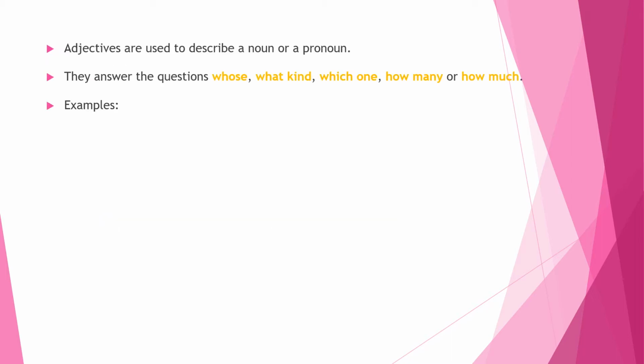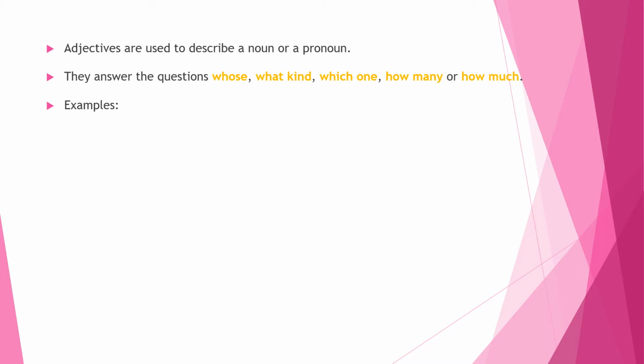Now we start with what are adjectives. Adjectives are the words which are used to describe a noun or a pronoun. They answer the questions whose, what kind, which one, how many, or how much.